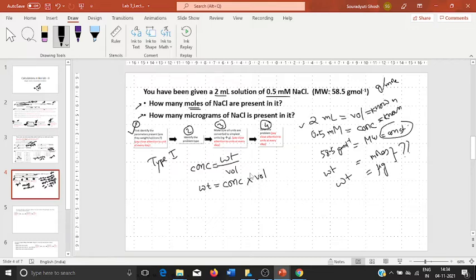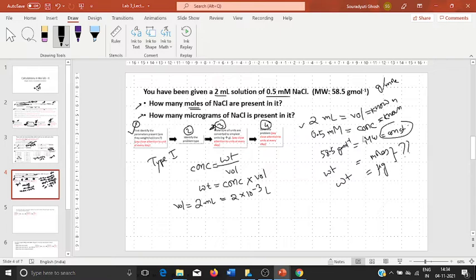That is how we will solve the problem. But before that, we need to take step 3, that is conversion of everything into simplest units. So let's do that. Volume is provided as 2 ml of the solution. We convert it into 2 into 10 to the power minus 3 liter.